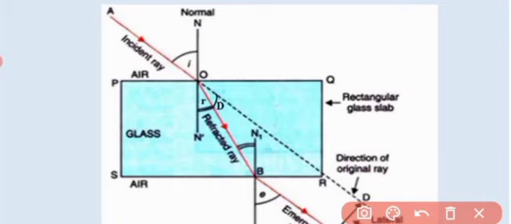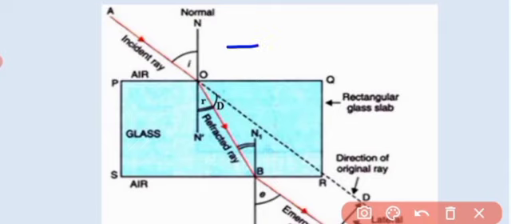So the angle between the incident ray and the normal is called the angle of incidence, represented with a small letter i.